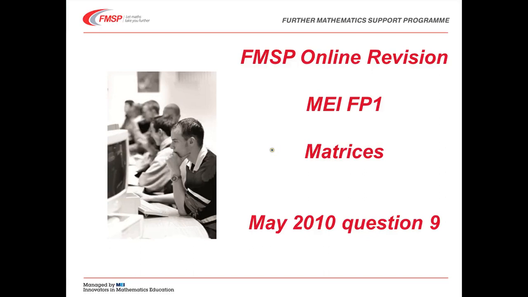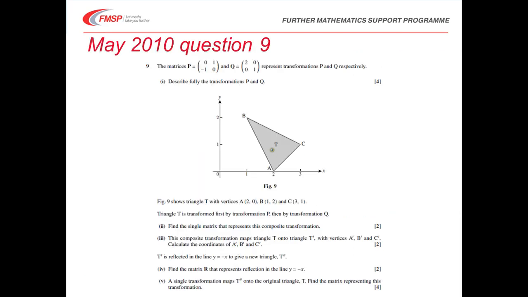Hello. In this video we're looking at MEI Further Pure 1, the May 2010 paper question 9, which is on matrices. It's a long question, so it's a good idea to read the whole thing through first.